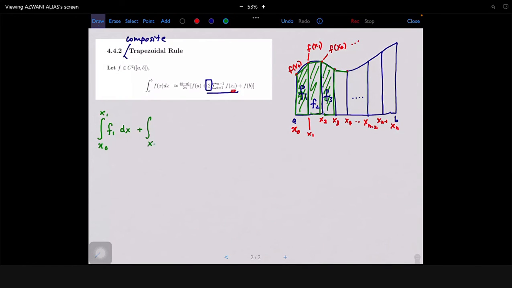Pada x1 up to x2, dia ada continuous. This is the same function, cuma nak mention kat mana tempat dia. Okay. Plus f2 up to x3 and so on. Alright, and so on up to fn lah. Okay. So, kita perlu solve for each ni menggunakan trapezoidal rule.